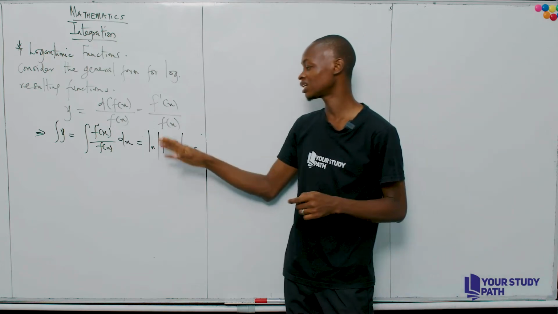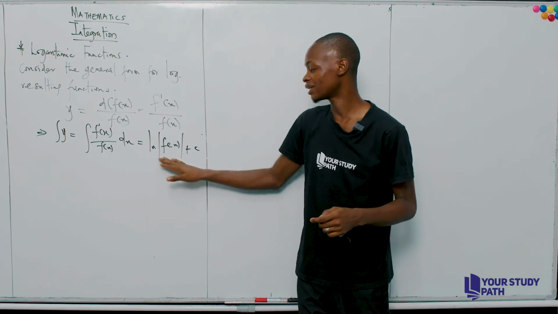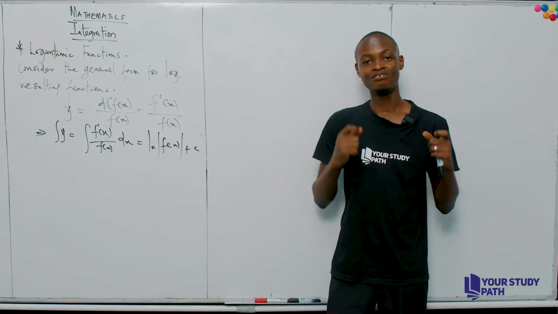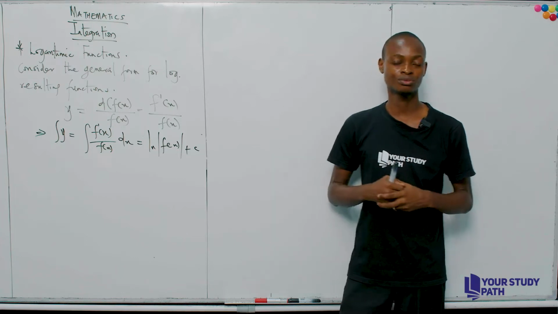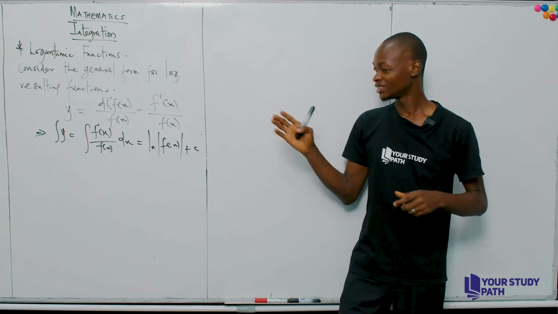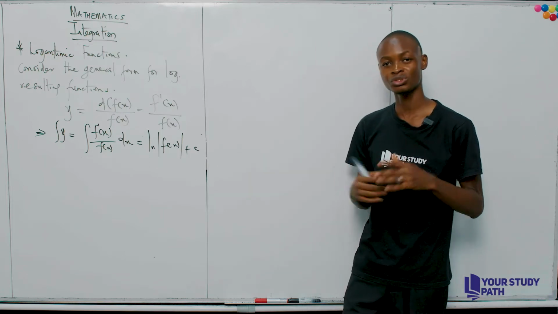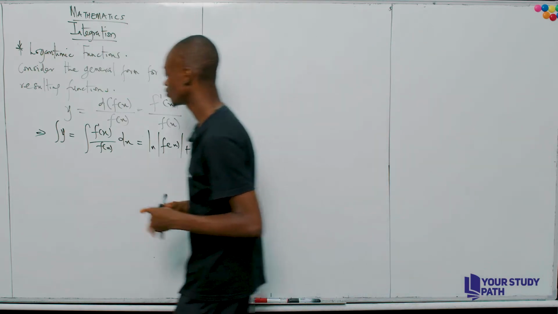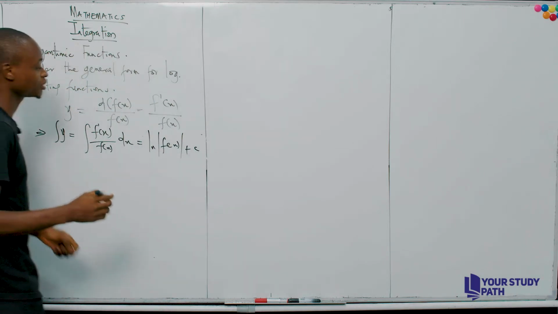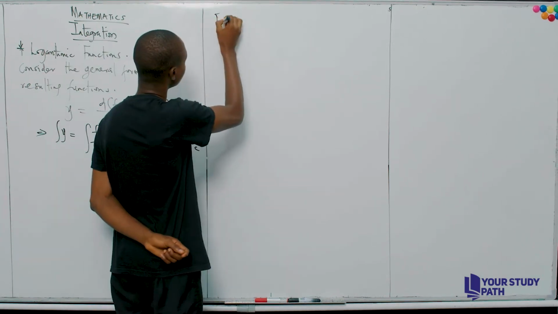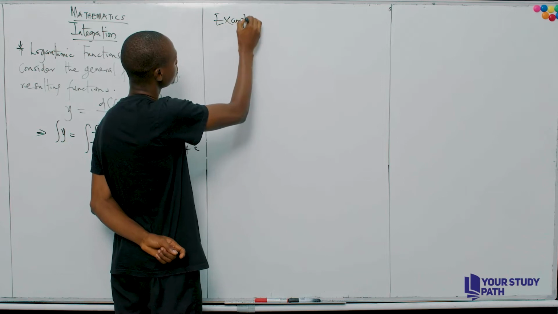So long as this is satisfied, the ln takes an absolute value of that function. This is how to integrate logarithmic resulting functions. A good example of that is the very first example we picked that led us to the distortions into log functions.